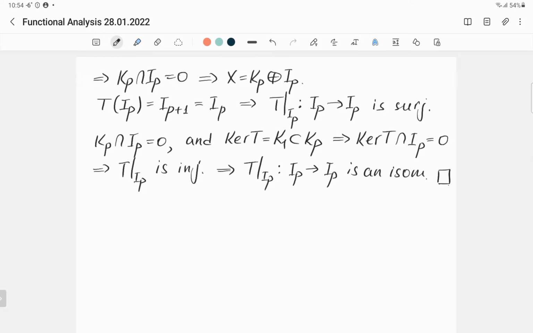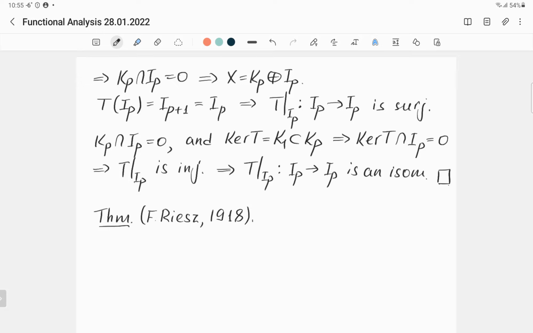Okay, so Lemma 1 and Lemma 2 are useful algebraic preliminary results. And now we are ready to prove the most important part of the Riesz-Schauder theory. So the following theorem is due to Riesz. This theorem was proved in the same famous paper by Riesz, where he introduced the modern definition of a compact operator and proved many useful results about these operators.